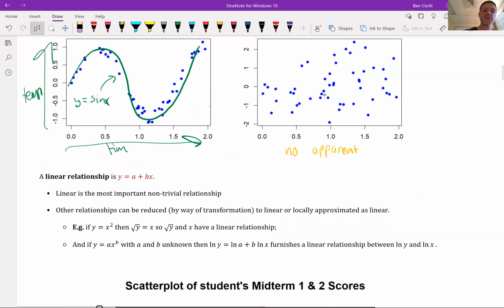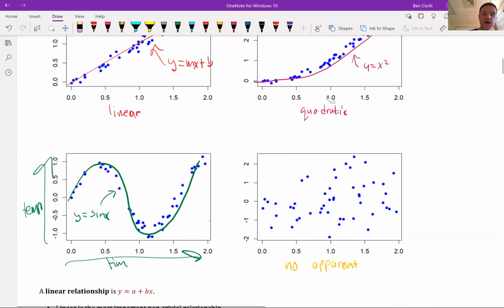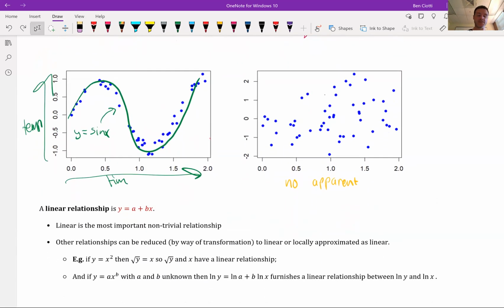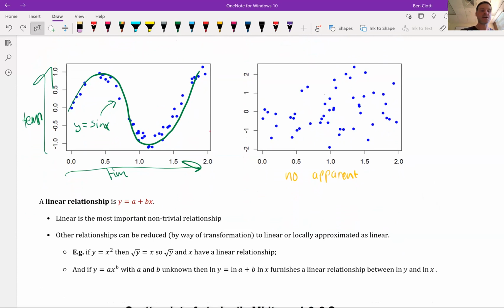And to be clear, when I say linear relationship, I mean a relationship of the form y equals a plus bx, or mx plus b equivalently, if you want to use the letters m and b instead of the letters a and b. And I claim that linear relationships are the most important non-trivial relationships between a pair of numeric data. And here's why. There's a few reasons.